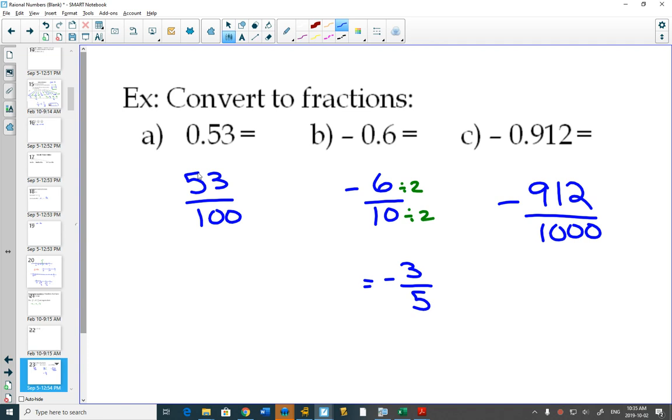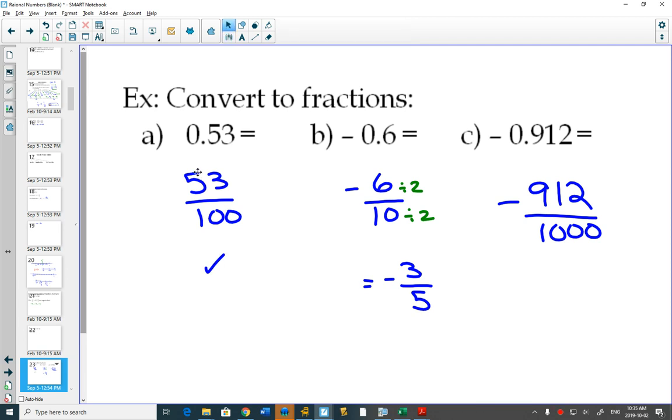The other two are a little bit more difficult. Okay? 53 over 100, they don't both divide by 2. 53, is 53 on your times table? No. So 53 isn't a number that divides nicely by anything. And so this one is already done.